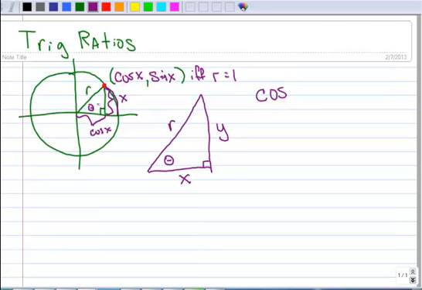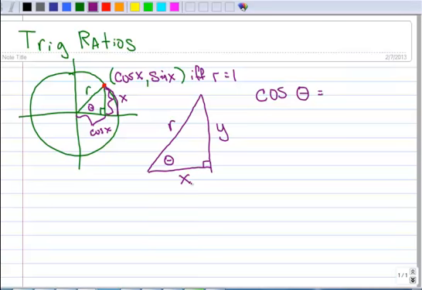And remember, if r is 1, then theta would be the arc length in radians. But theta could be radians or it could be degrees, it doesn't really matter. So the cosine of theta, all these are going to be in reference to theta.